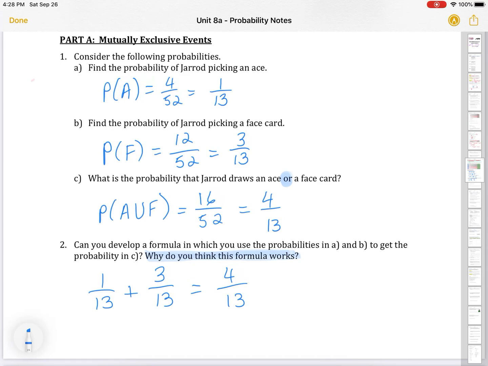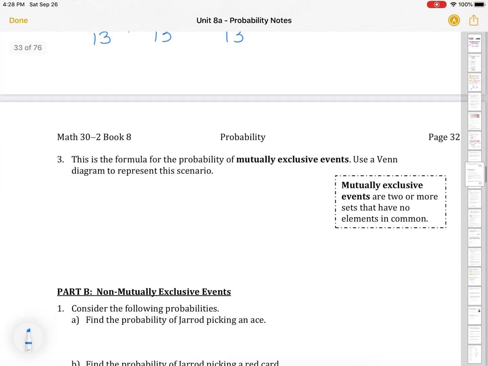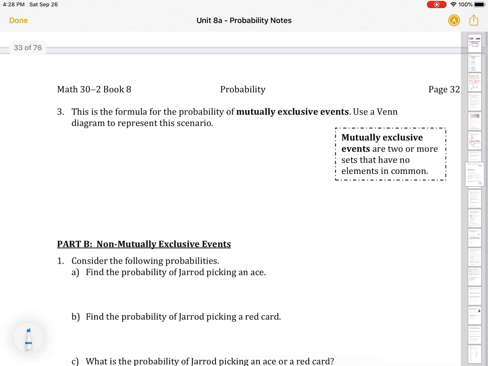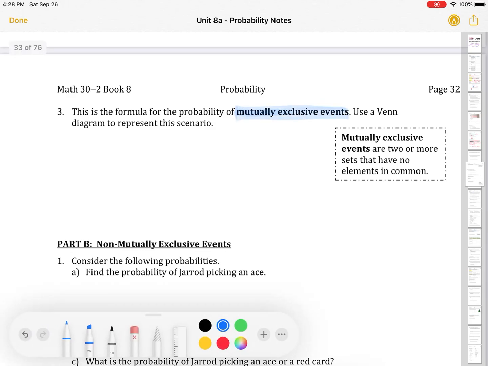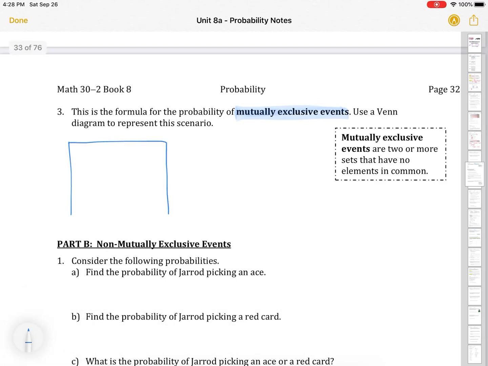It's either an ace or a face card, so I'm not going to have any duplications if you're thinking about our Venn diagrams. If you just take those separate parts and add them together, it should give us that answer. This is the formula for the probability of mutually exclusive events.